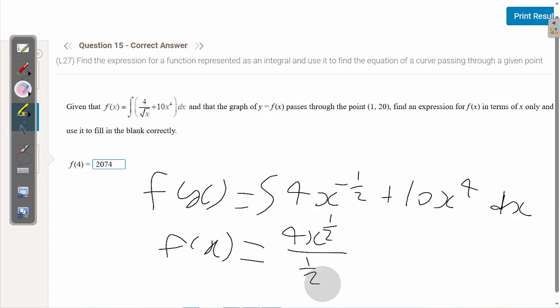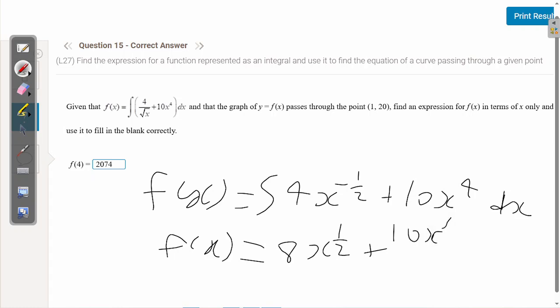So 4 over 0.5 will be 8. So 8x to the power half plus 10x to the power 5 over 5 plus c. Okay, so this will be 2x to the power 5. This will be 8 radical x.